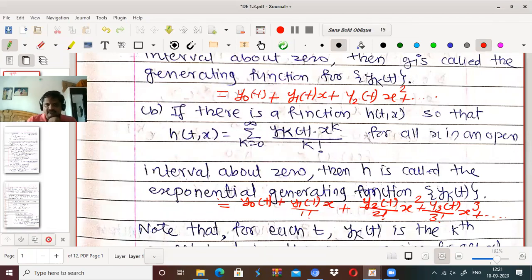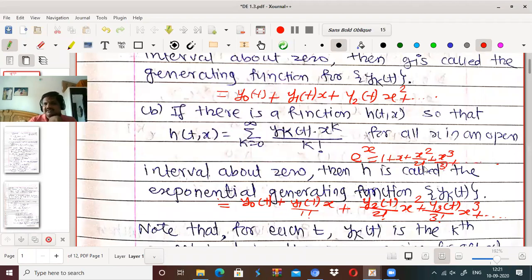So this is the concept of generating function and exponential generating function. We can say exponential because we have the exponential series e to the power x. What is the expansion? 1 plus x square by 2 factorial plus x cube by 3 factorial and so on.